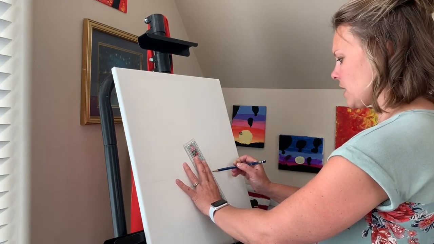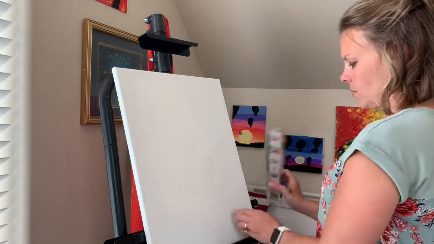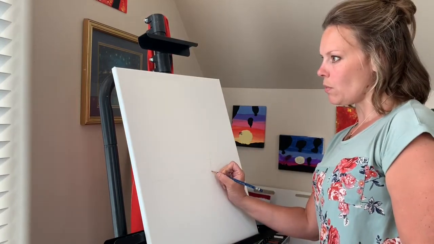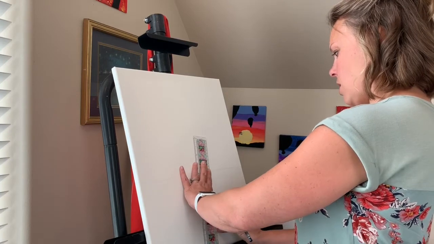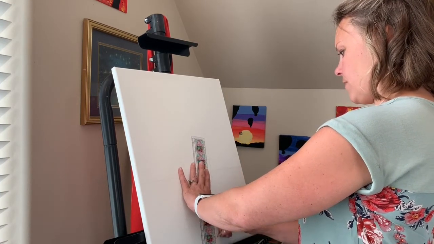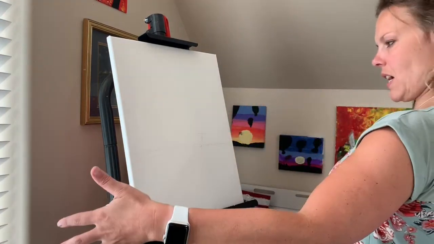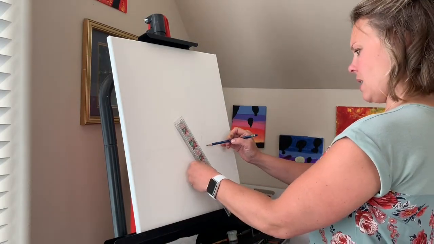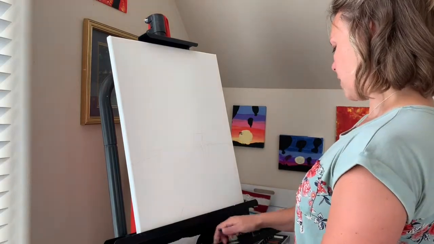I just want a basic general idea of where those lines are. You can see that my lines are all coming from, when we make our 2-point perspective, it all comes from that general area. Now that I have my field and my perspective lines how I want them, when I paint, these will just give me a basic guideline of where I want everything.